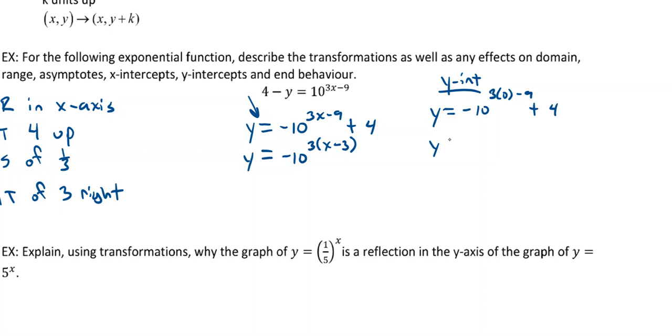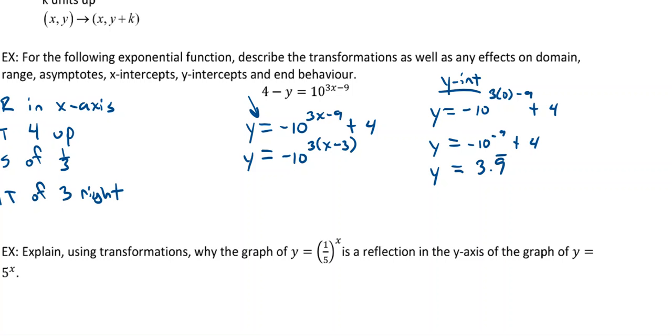Okay, so y is equal to -10 to the power of -9 plus 4. And we end up getting 3.9 repeated. It's very, very close to 4, but not quite 4.